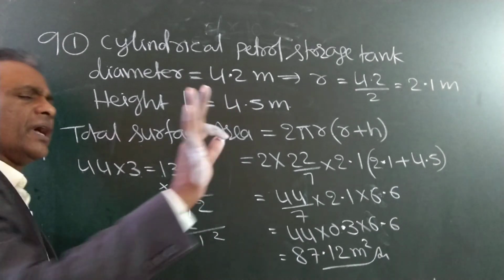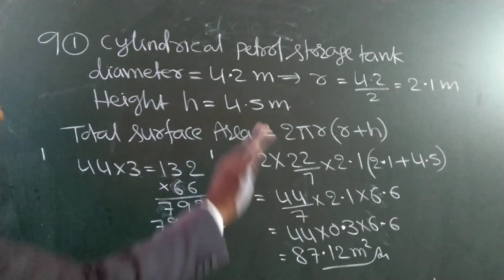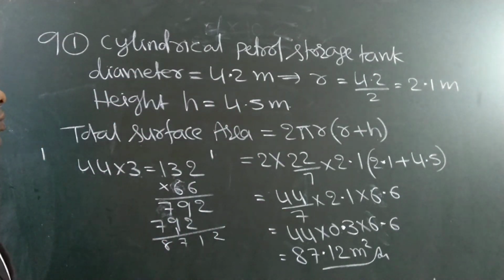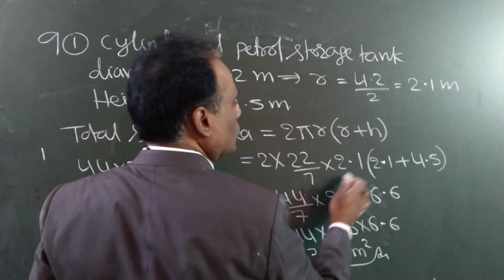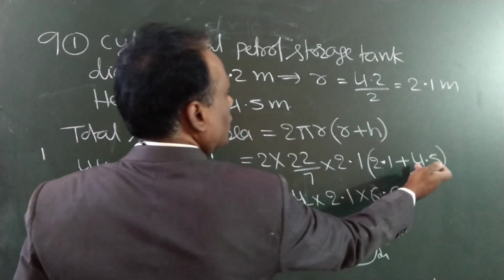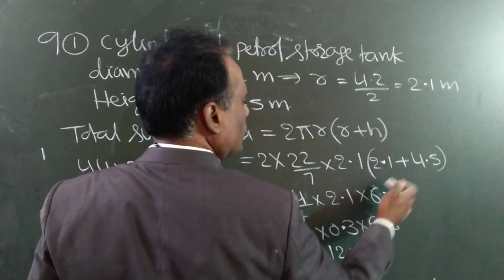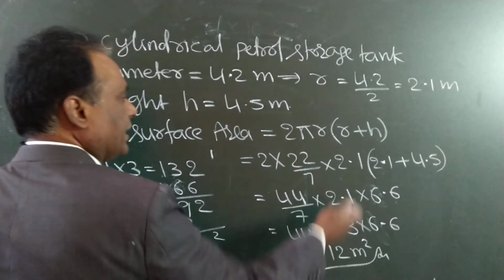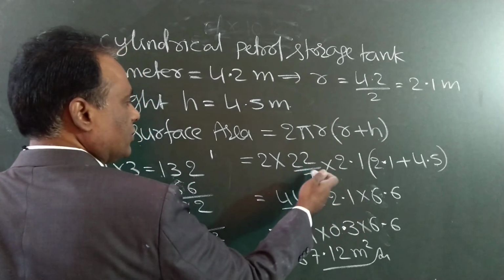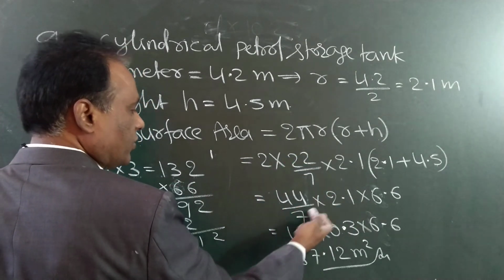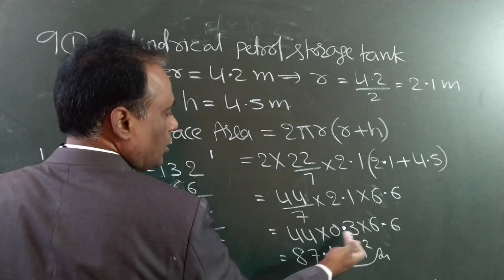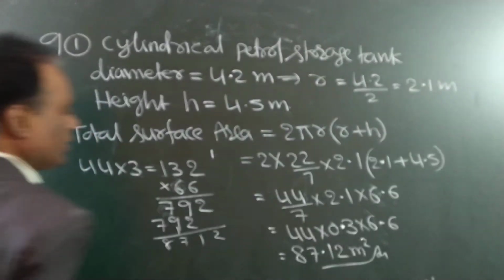Simple question. 2 pi r into r plus h. All values are given. 2 into pi is 22 by 7 into r is 2.1 into 2.1 plus 4.5. This is 6.6, and this is 2.1. This is 2 into 22, 44. 7 3s are 21, so 0.3. 44 into 3 you multiply.